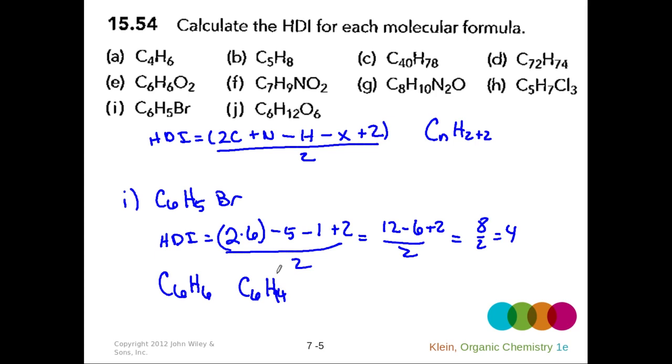Our HDI is equal to 2 times the number of carbons, which is 6, okay, minus the number of hydrogens, which is 5, minus the number of halogens, which is 1, plus 2, all over 2, which is equal to 12 minus 6 plus 2 over 2, which is equal to 8 over 2, which is equal to 4.